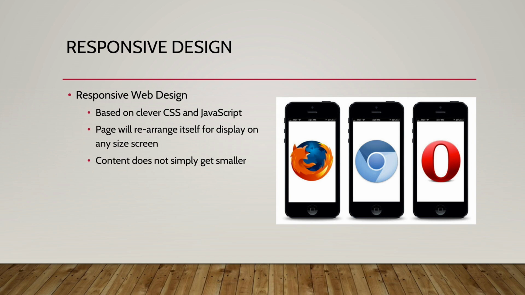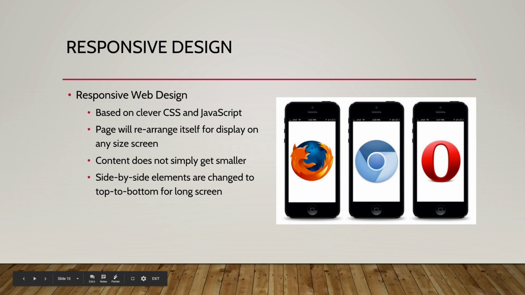So, the content itself won't just get smaller, because then it would be harder to read. If it's on your phone and it just gets smaller and smaller, it starts to go below the threshold of what you can actually make out. It needs to stay the same size but be properly rearranged so that it's all presented in a reasonable way.